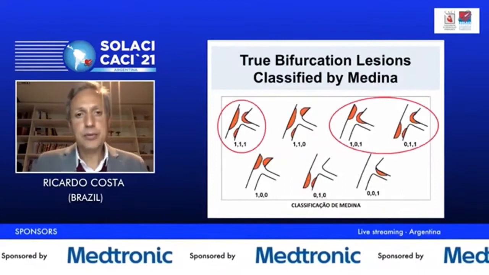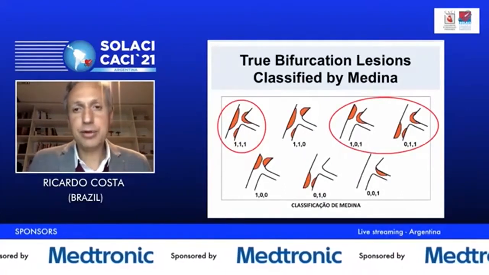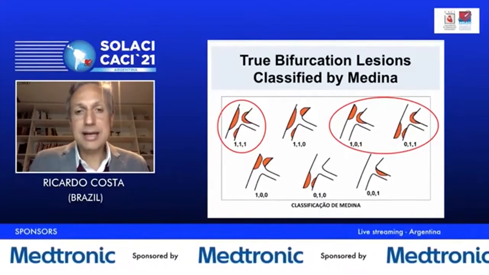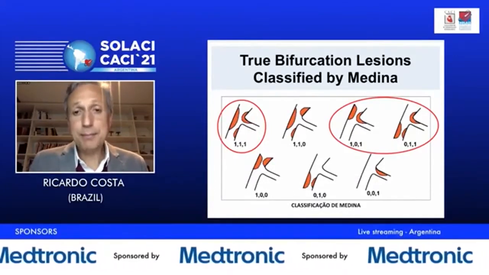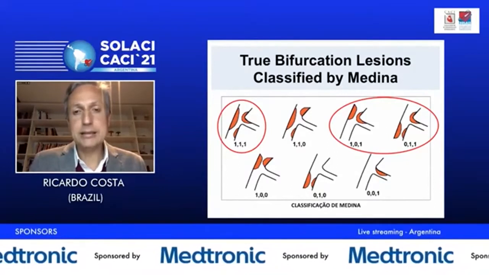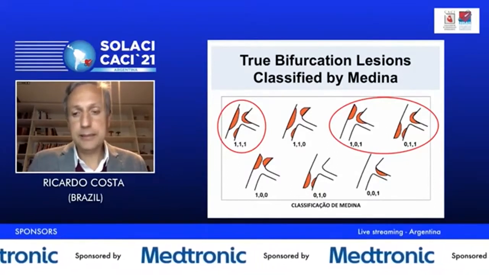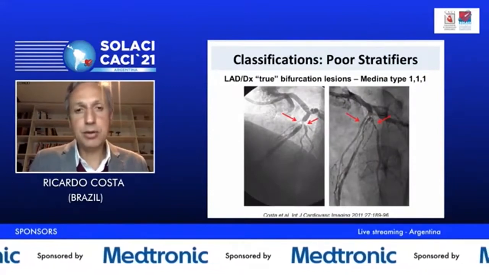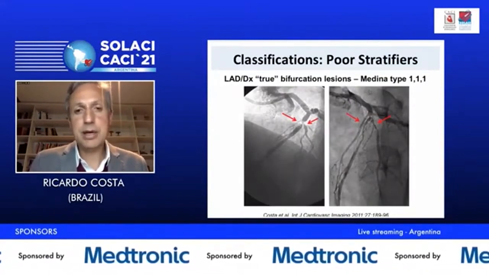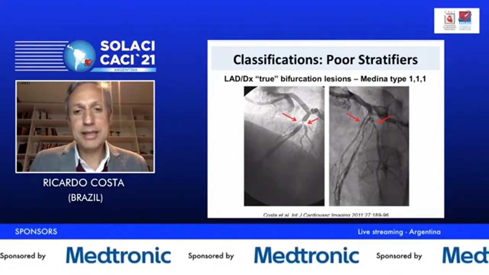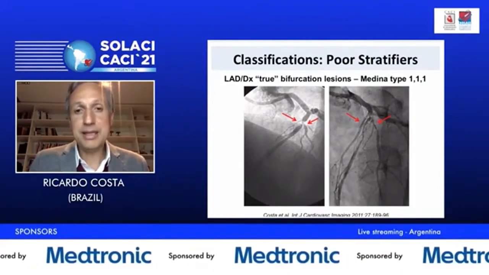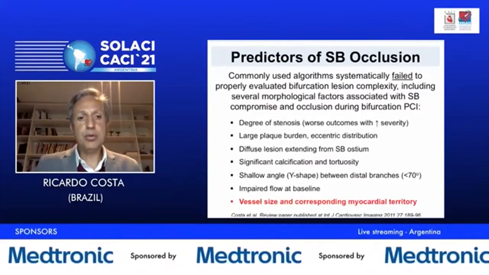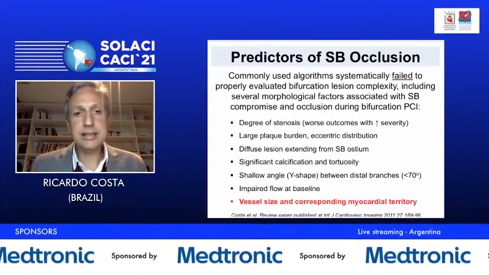Carlos mentioned the Medina classification. When we define true bifurcation lesions, there is no way to completely validate the real complexity of the bifurcation lesion. Here we have an example, same location, proximal side branch, and we can see the extension of the lesion and the severity.